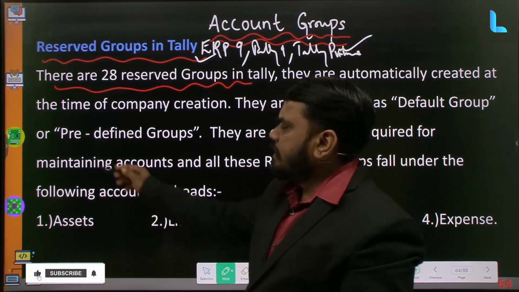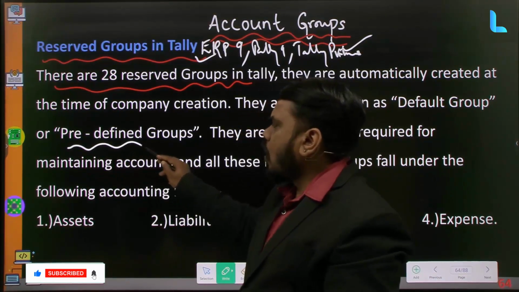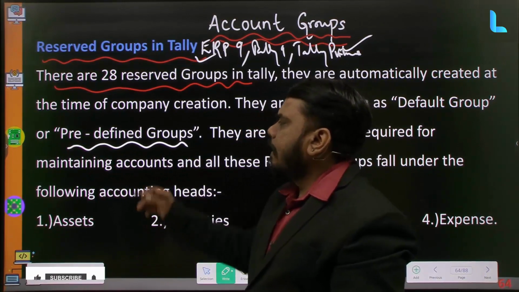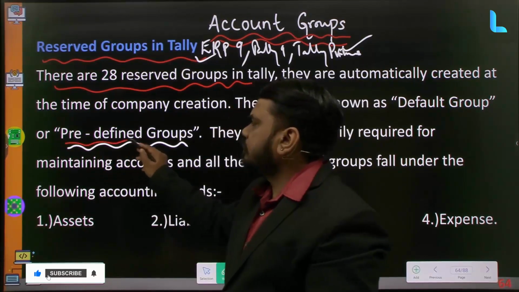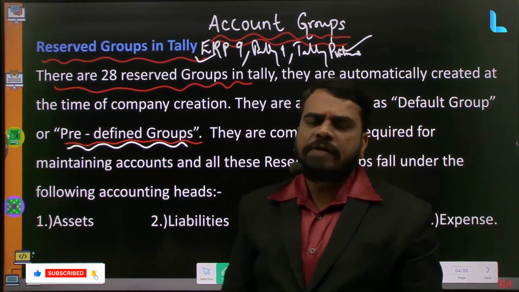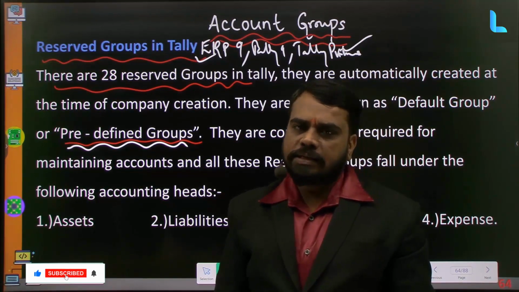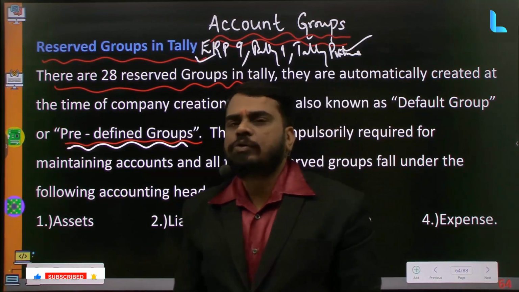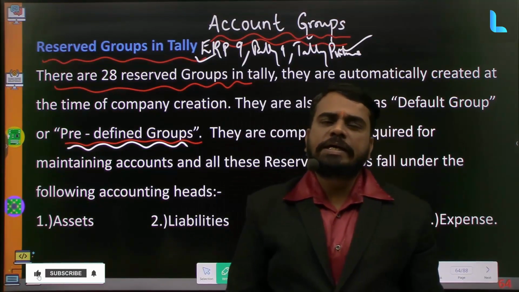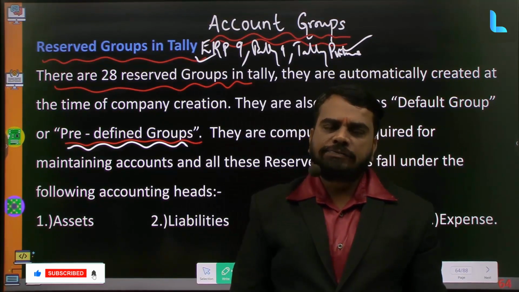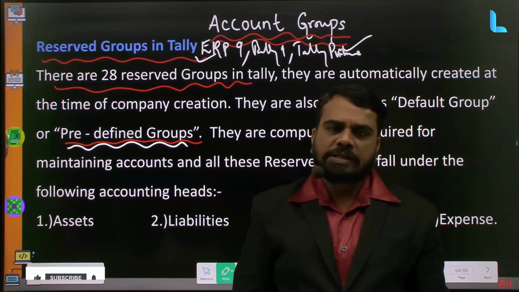These 28 reserved groups are also called the predefined groups. They are called predefined groups because when we create the company, they automatically get created. And these predefined groups actually fall into the account heads which we had discussed earlier in the previous class.